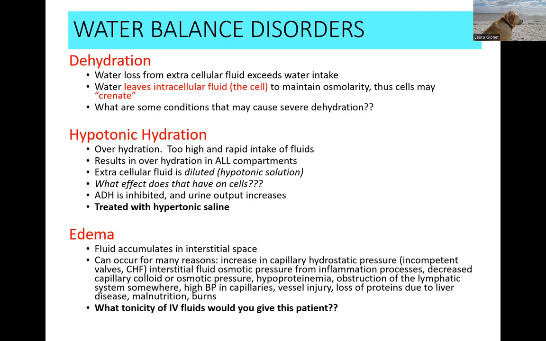You're overhydrated. You've taken in a high quantity and a rapid intake of fluids. And that's why, when you're dehydrated, it isn't a good idea to drink a quart of water. There are other reflexive things that happen at the kidneys. So you just want to rehydrate more slowly. But hypotonic hydration means you drank way too much water all at once, and your body starts to rapidly absorb those fluids.